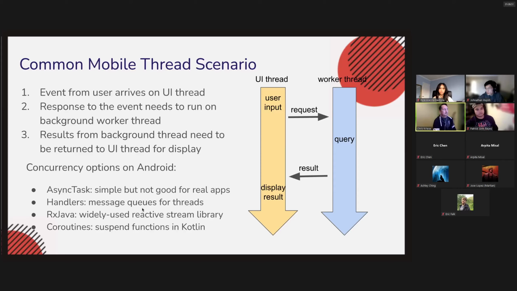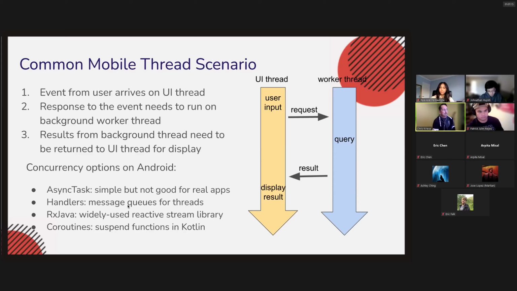There are various ways to do this. AsyncTask is a very simple way to do this. It might be good for a hackathon. I wouldn't do it in a production app, though. There are some major problems with AsyncTask in regards to being responsive to the application lifecycle, or activity lifecycle rather.